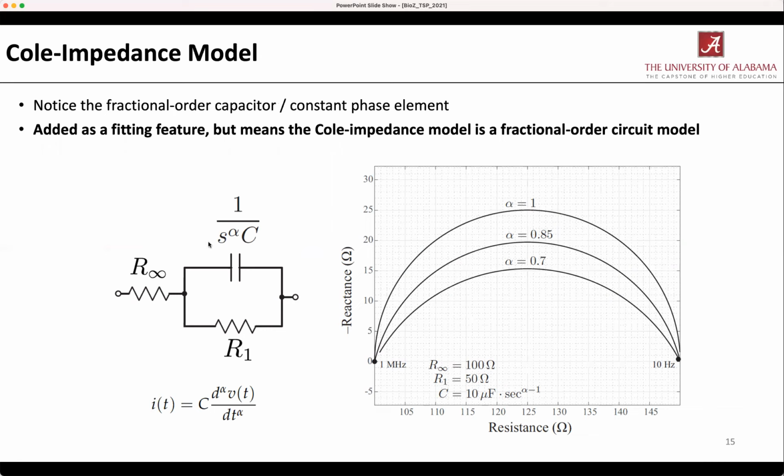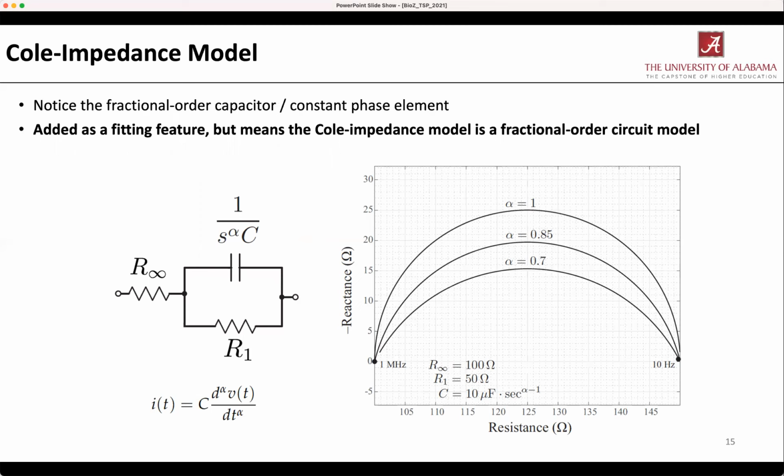And the capacitance, this fractional order capacitor, is linked to the cellular membrane features. So in a simplified case, resistors should be linked to fluid, and the capacitor, potentially the order, should be linked to the cell membrane. So changes maybe in tissue structure, maybe tissue damage.